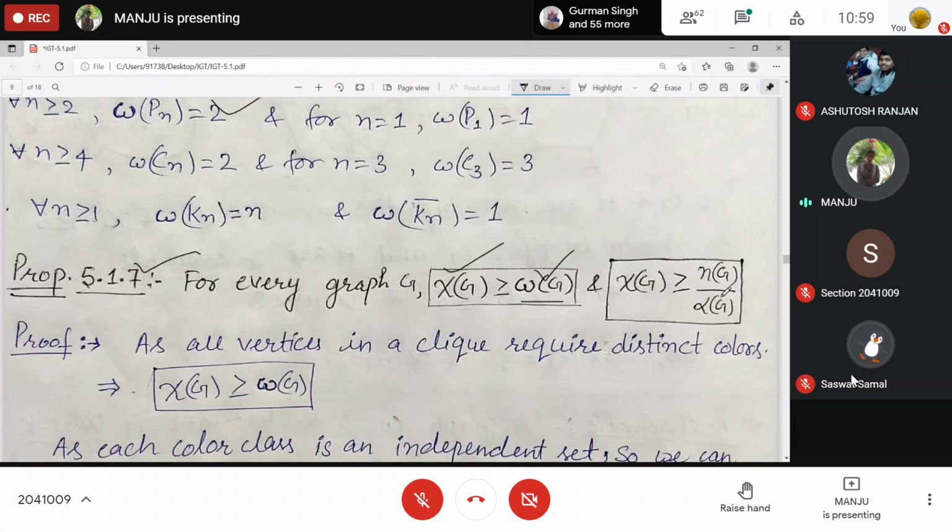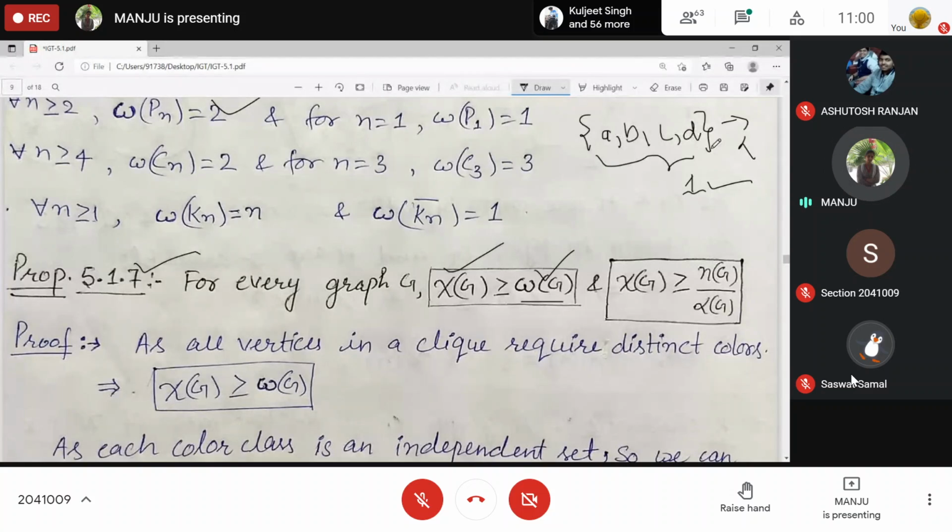See, corresponding to alpha, there will be a maximum independent set. Whatever that set is, its cardinality will be alpha, right? These alpha vertices can be colored by the same color, the first color only, because they are independent, so not adjacent.